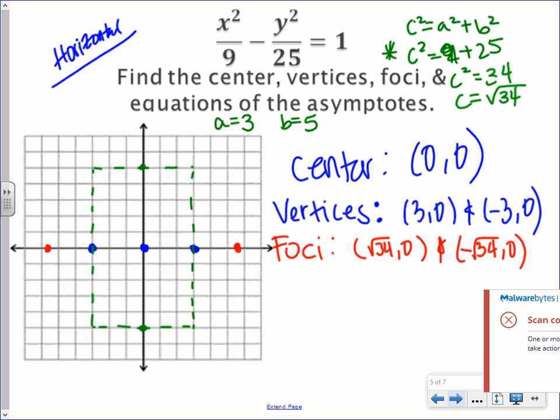I guess maybe I should have let you keep your rulers. Maybe I'll do that next time. Because now we're going to draw lines. Our asymptotes conveniently go through the center because they're going through our diagonals. So basically you need to connect corner, center, corner, corner, center, corner.